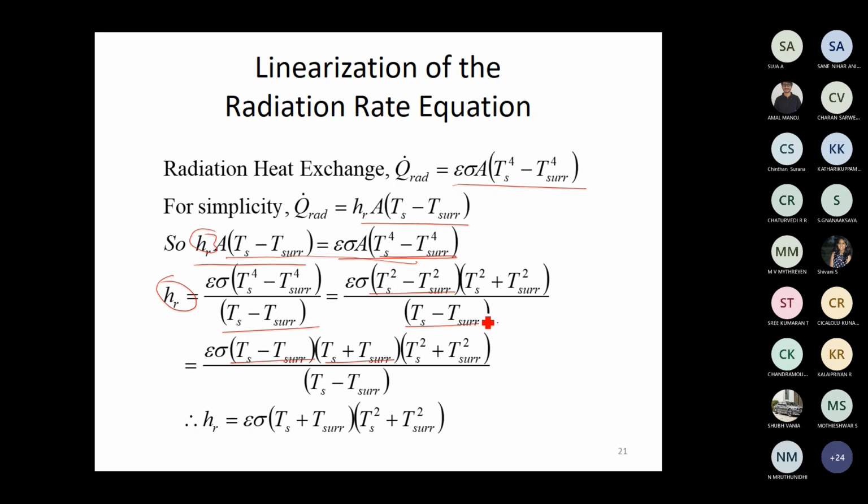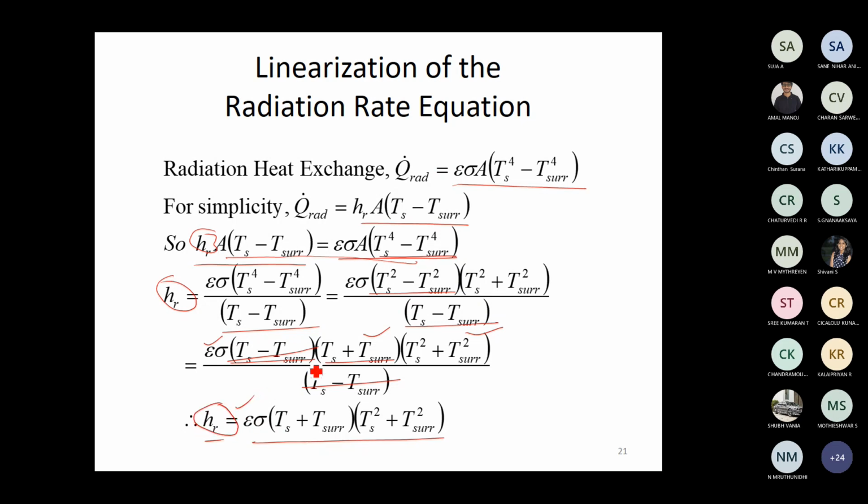Now I have this Ts minus T surrounding in the denominator, so I can cancel this and this. What's remaining is this term and this term. So now I have the radiative heat transfer coefficient as epsilon sigma multiplied by Ts plus T surrounding multiplied by Ts square plus T surrounding square.